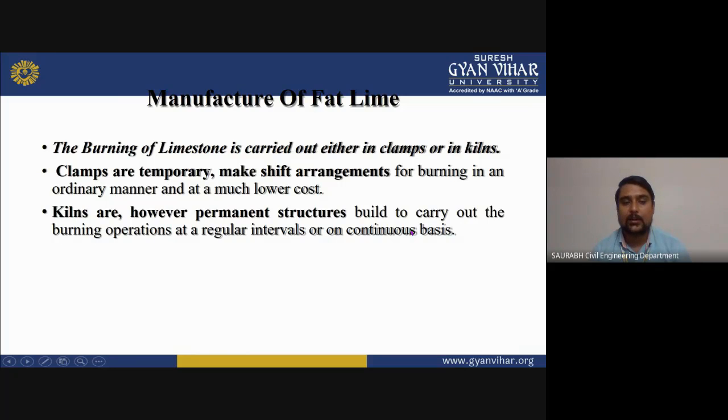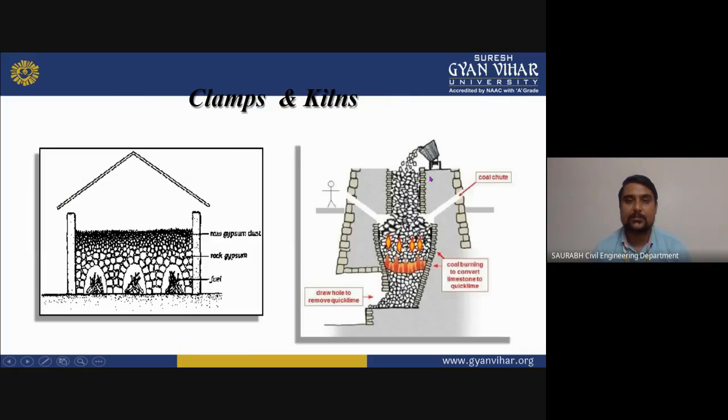Kilns are permanent structures built to carry out the burning operation at regular intervals or on a continuous basis. Now you can see the image of clamps and kilns. This is where you have to put the fuel. In the form of fuel you can use wood, and rock gypsum is also here, and raw gypsum dust is also used for the preparation of this kind of lime.